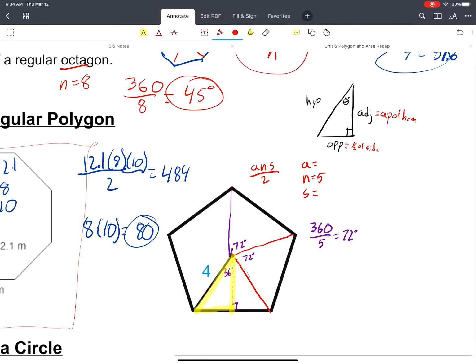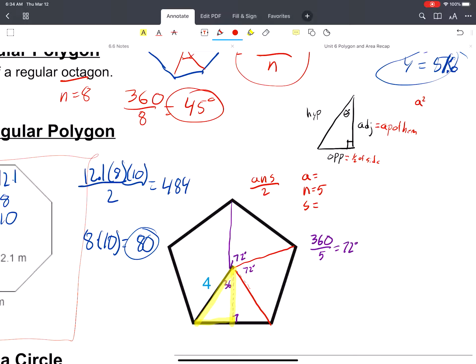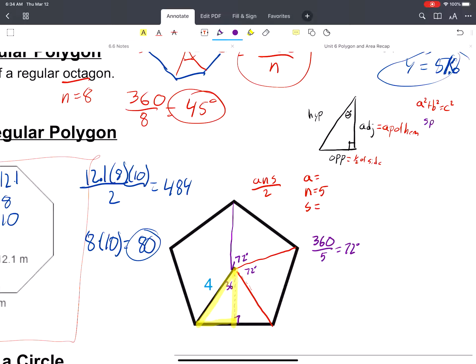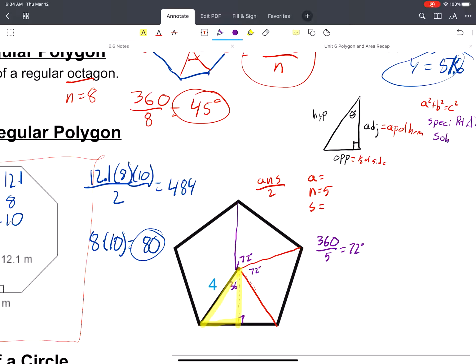Depending on what we have, ideally it would be nice if we could use the Pythagorean theorem. If we can't use the Pythagorean theorem, special right triangles. Or SOHCAHTOA.